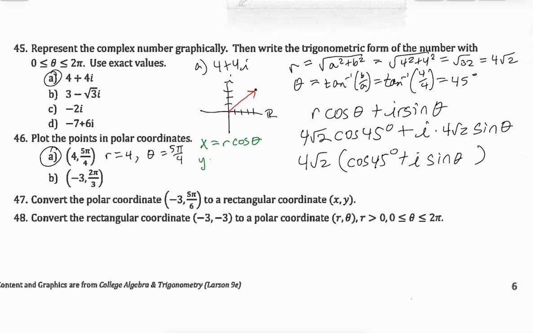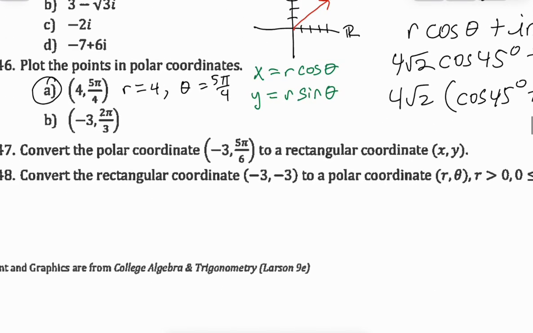And then y is going to be r sine theta. The x is always related to the cosine. The y is always related to the sine. We have learned that again and again. So let's just find those values. Our x is going to be 4 times the cosine of 5 pi over 4. Y is going to be 4 times the sine of 5 pi over 4.